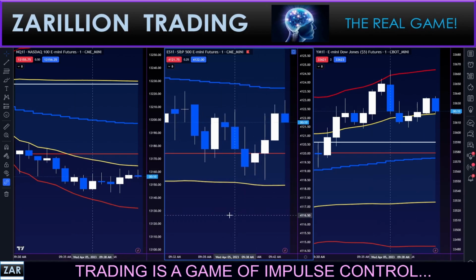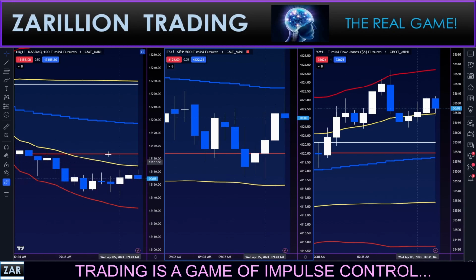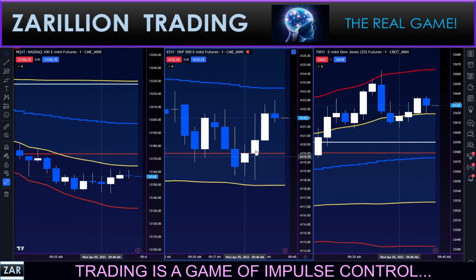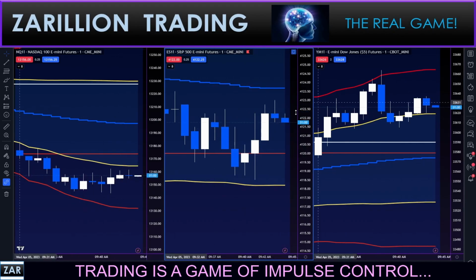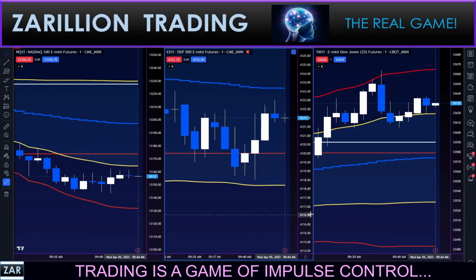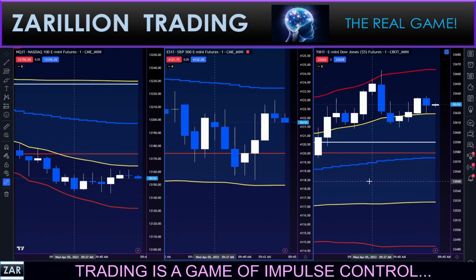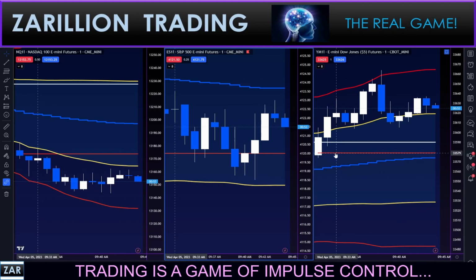So you'll see a divergence here. You'll see that the NASDAQ is trading below the New York Open and below VWAP. S&P is trading below VWAP, but above the New York Open, and that's a divergence right there, right?